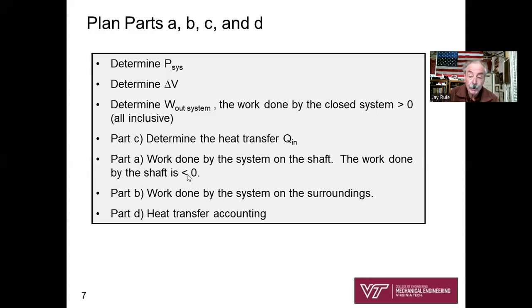It's going to be the work done on the shaft. Part B, the work done by the system on the surroundings. It's going to be a negative number. And so remember, the volume change of the surroundings is going to change just a little bit by the exact amount of the volume increase of the piston and cylinder. And then finally, part D, we're going to have a little accounting problem, which will be mostly tabulation.